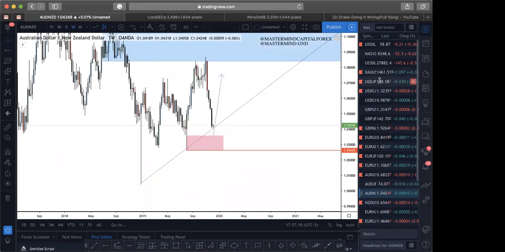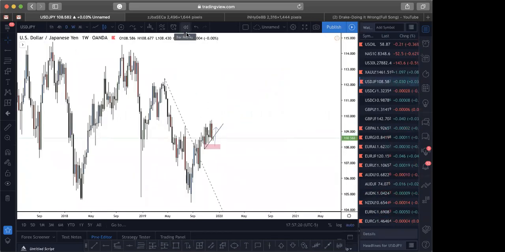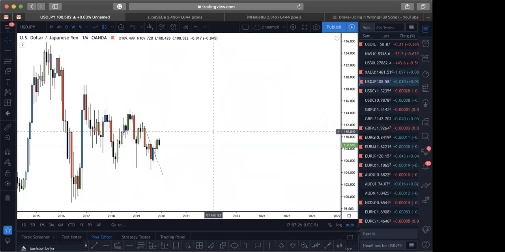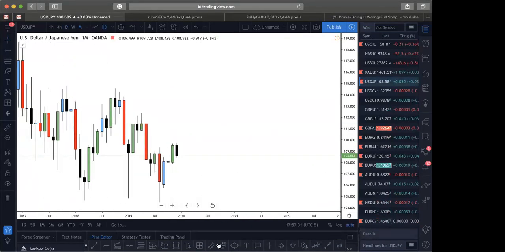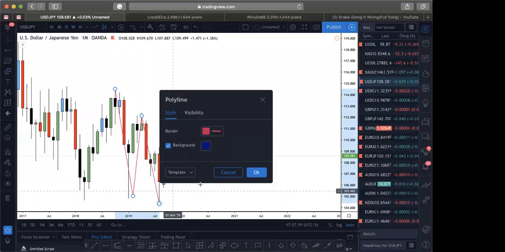And USDJPY. Top-down analysis. Let me clear this up. We're just using what we learned today, right? Top-down analysis. We can see that the monthly time frame is down.